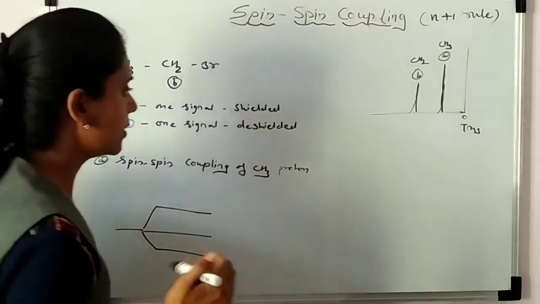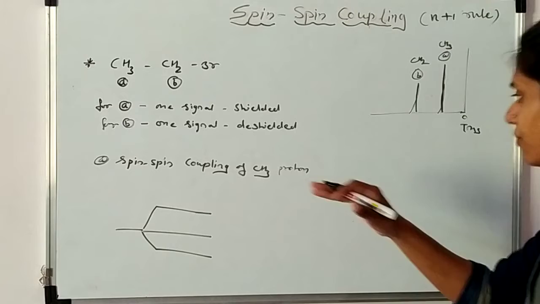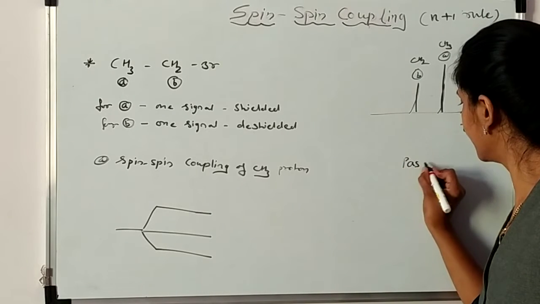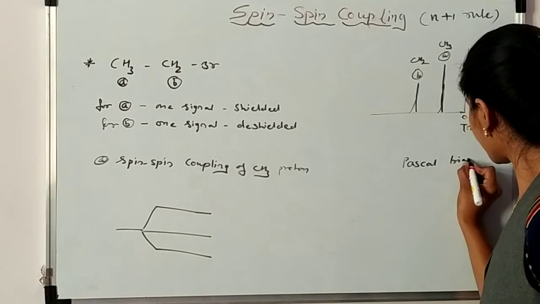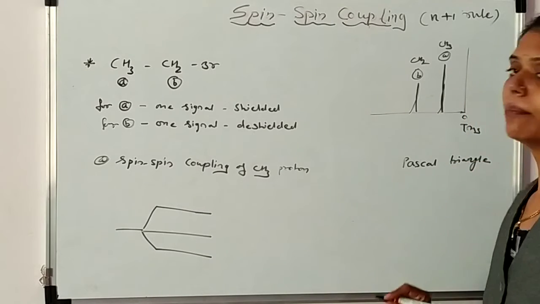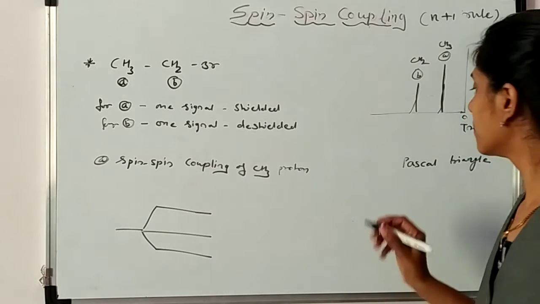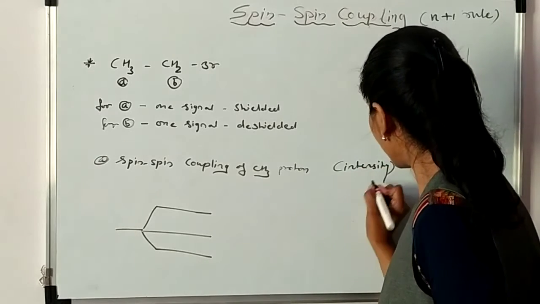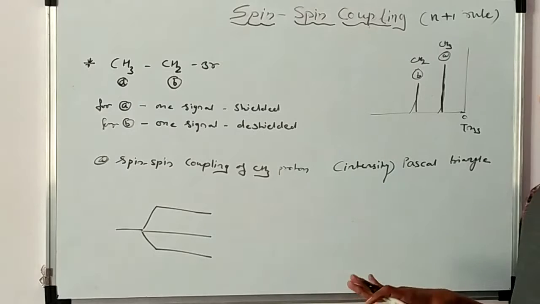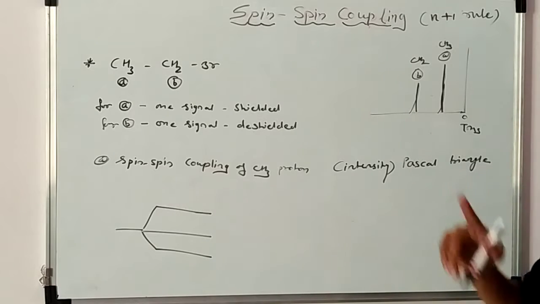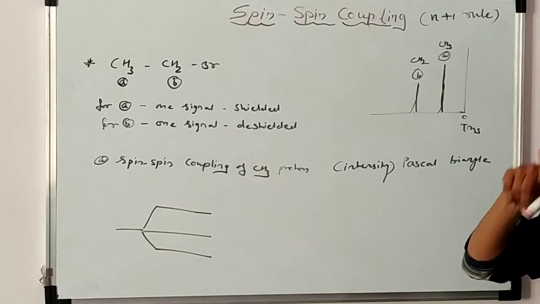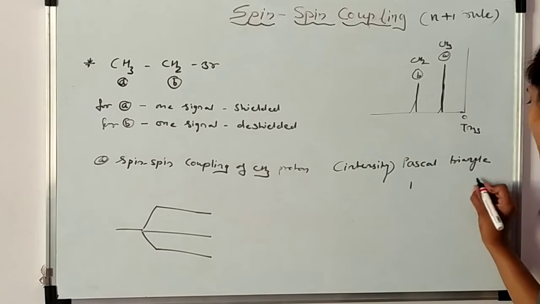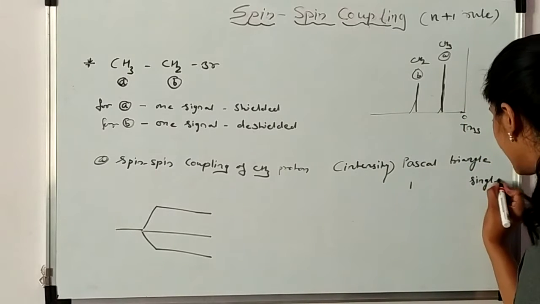We will discuss this here. Before that, the intensity table, or Pascal triangle. The Pascal triangle is for the intensity of the signal. When we say n+1, or multiplicity, is 1, that is a singlet, and there is no problem. Here we write down the singlet.